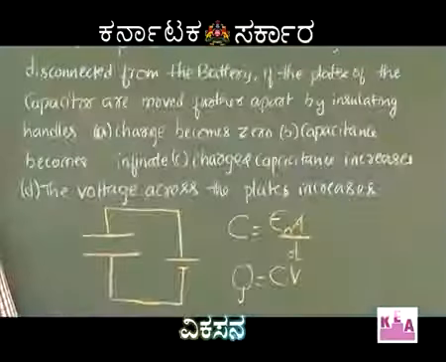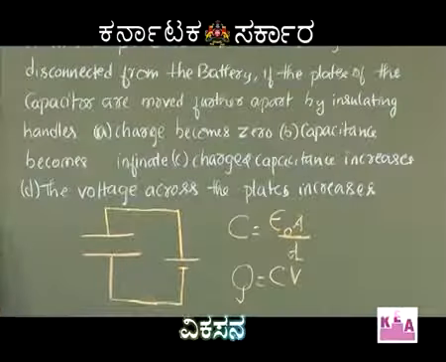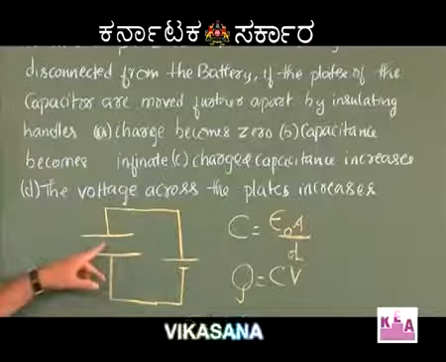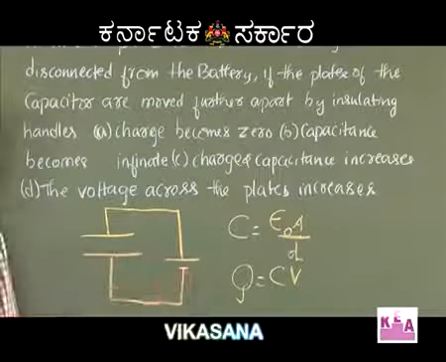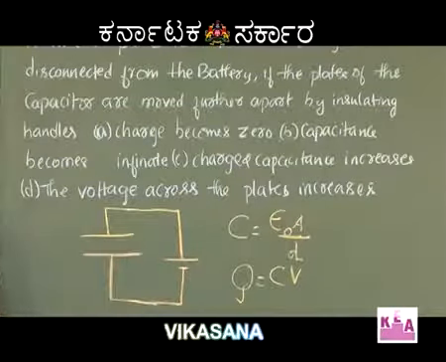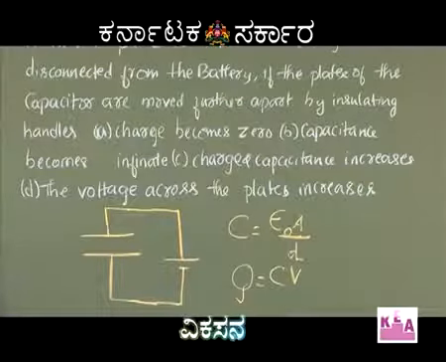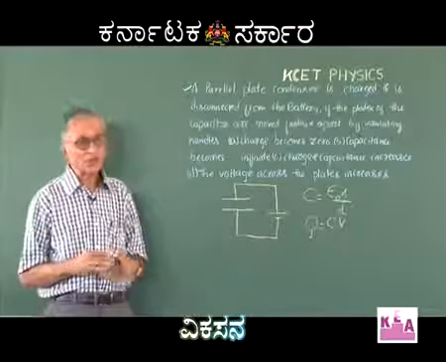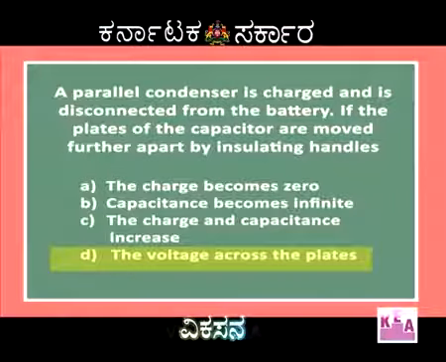Therefore, if that was the question, the option would have been that charge flows from the capacitor to the battery, and that is the correct answer. Hence, the correct option to the original question is D.